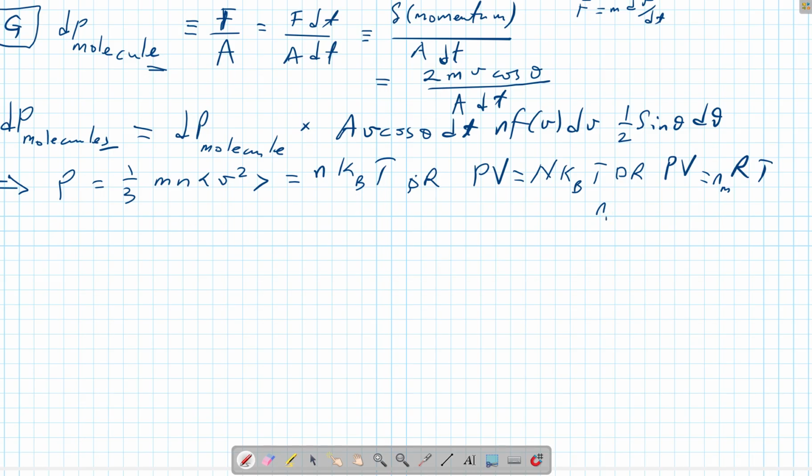So n is the number of moles, the number of gas molecules divided by Avogadro's number, and so forth. So this is up to point G. Point H is the next subject, which we're going to address today.